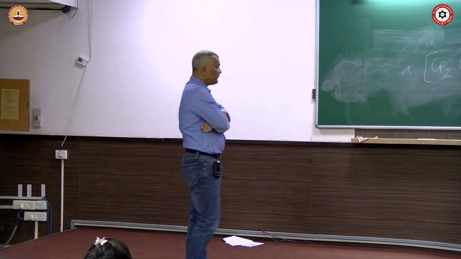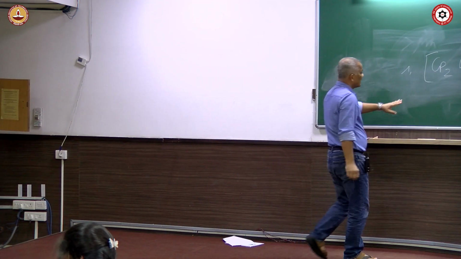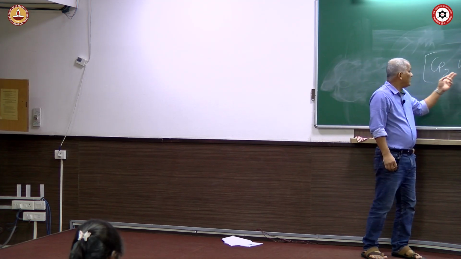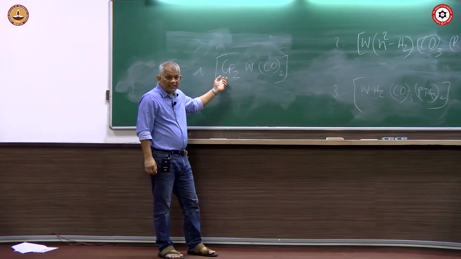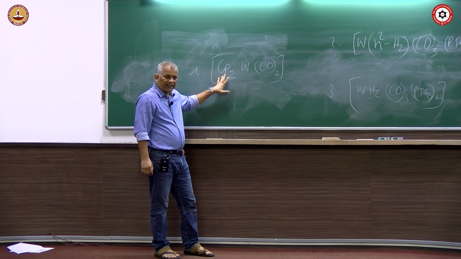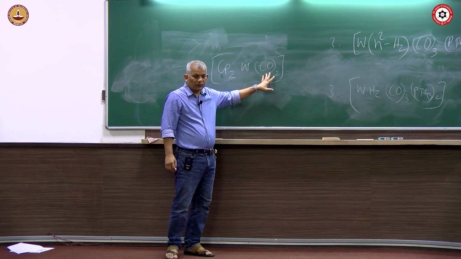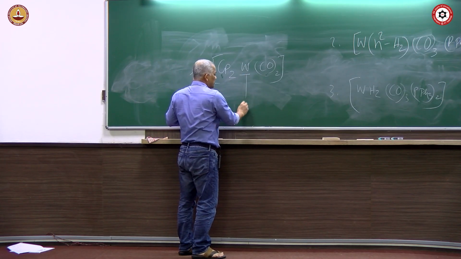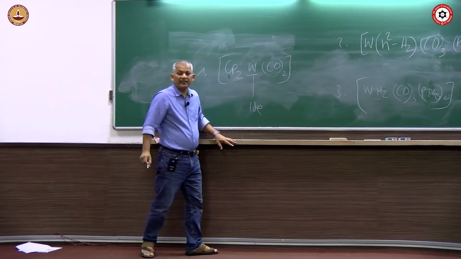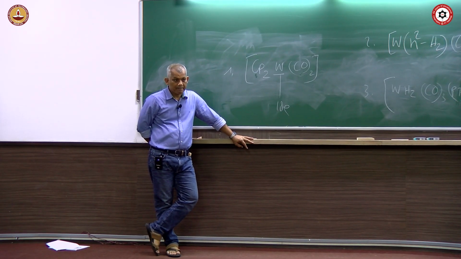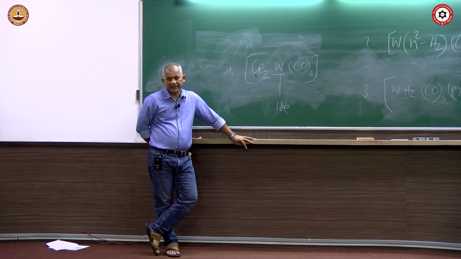So let's do the first example. So you have 2 carbonyls. You need to first understand the ligands. You have a cyclopentadienyl ligand and you have CO2 ligands. And what I want is for this one to be 18 electron. How can you make this metal 18?